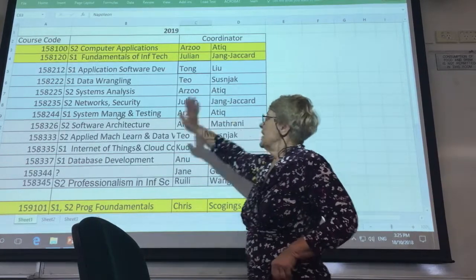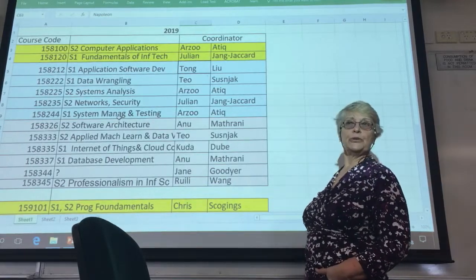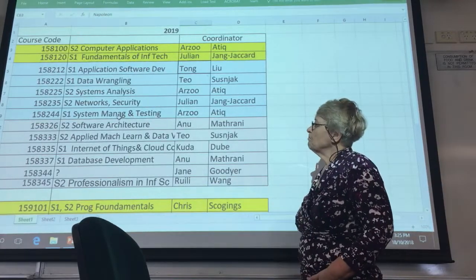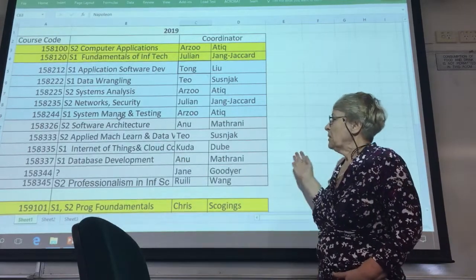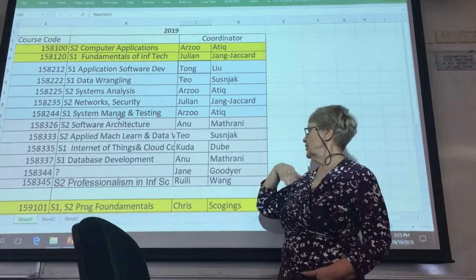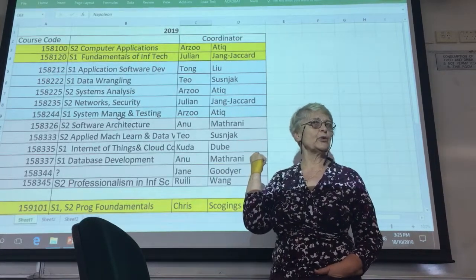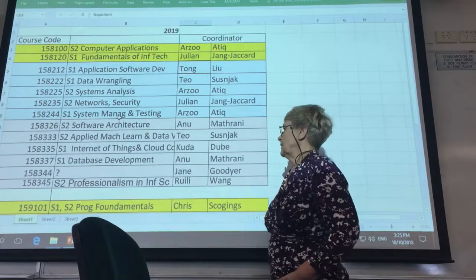Internet of Things and cloud computing is another issue. Database development, Anuradha is teaching. This course, I couldn't find information, but Jane Goodyear is someone from Palmerston North, so I assume she is a supervisor, but it's probably the distance one.